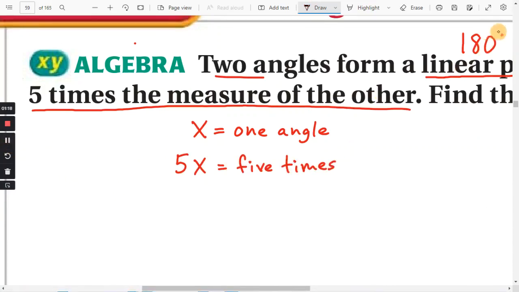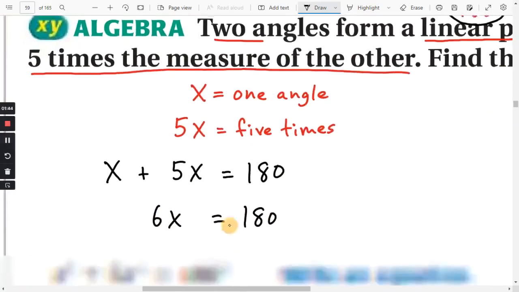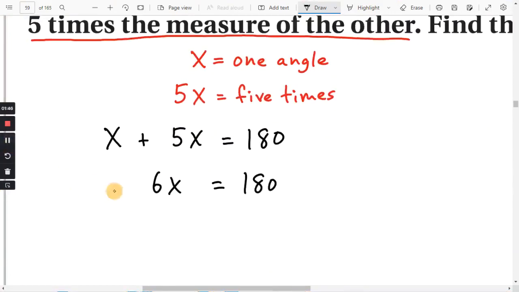Now, since we said it was a linear pair and they add to 180, it's relatively easy to set up an equation. One angle is x, and when we add that to the other angle, 5x, they are just going to equal 180. Okay, x plus 5x is 6x. And then divide both sides by 6.